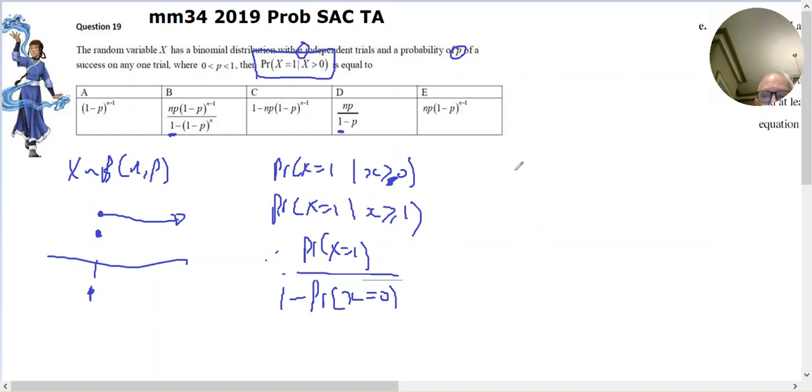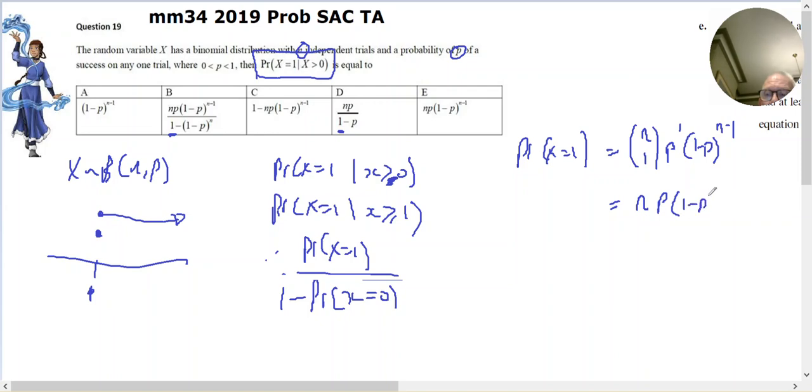Okay, so the probability that X equals 1 is the number of ways that I can choose 1 from n, p to the 1, 1 minus p to the n minus 1. This is going to be n ways, p, 1 minus p to the n minus 1.